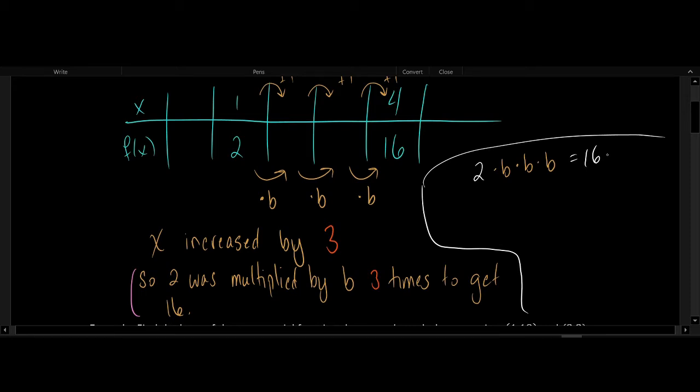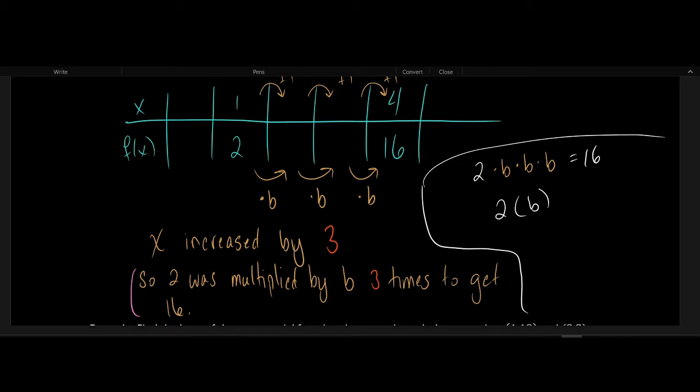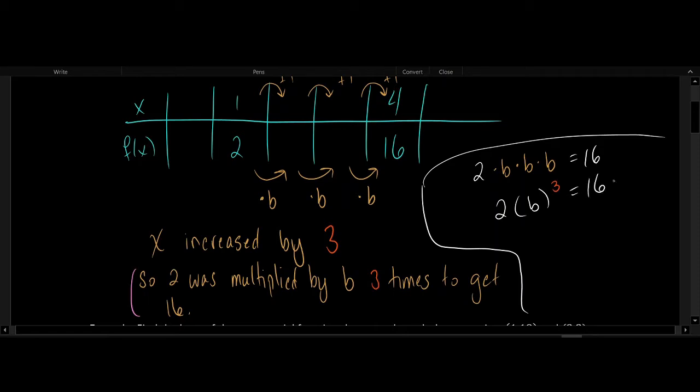Now, we can use exponents to rewrite b times b times b in a more compact and familiar form. So instead of 2 times b times b times b, I'm going to rewrite this as 2 times b to the power 3. Now, do you recognize this variety of equation from yesterday?